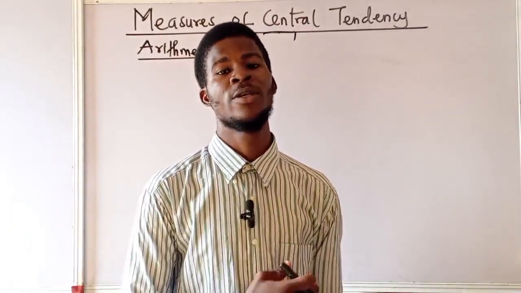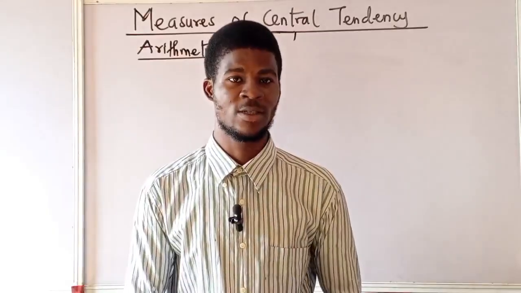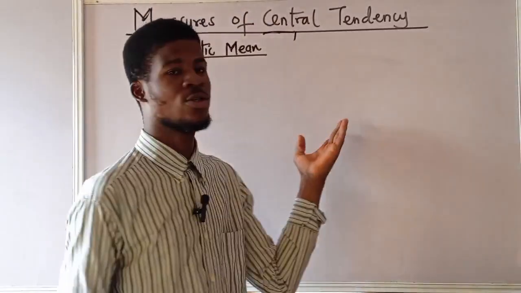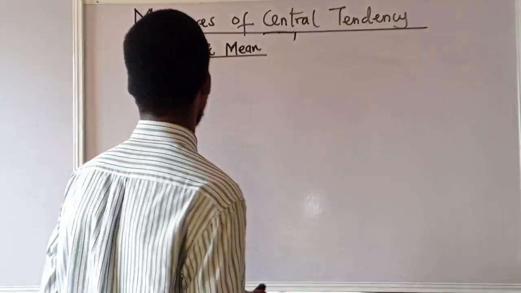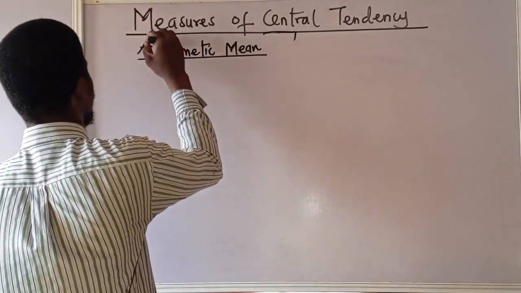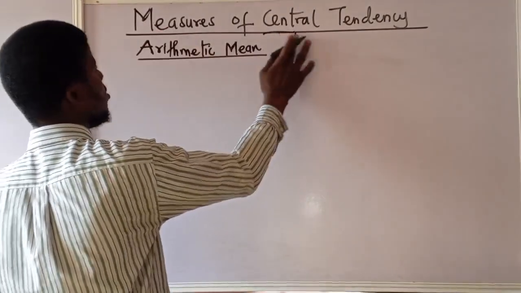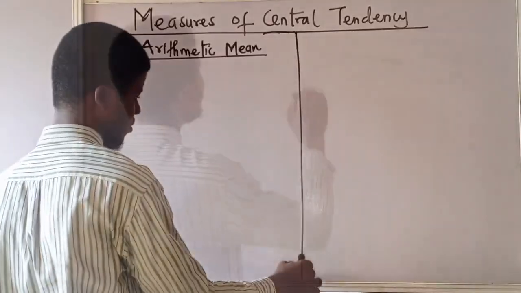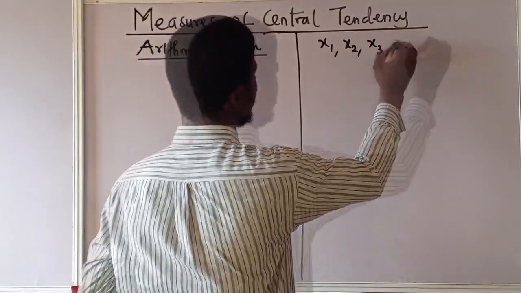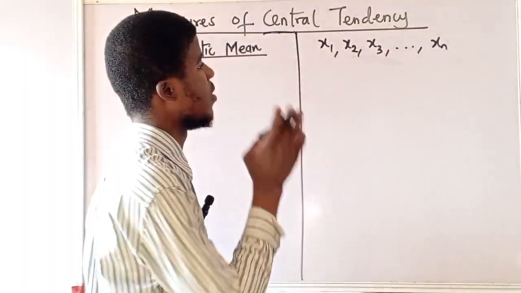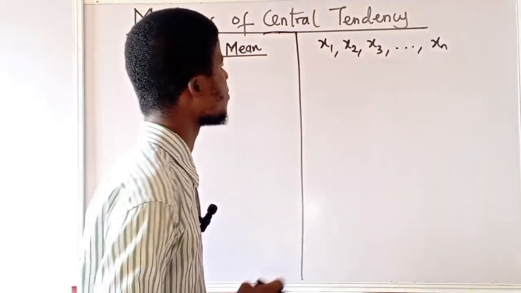In this video, we're going to be talking about statistics, and we shall begin with measures of central tendency. So the first measure of central tendency we're going to talk about is the arithmetic mean. If I have a set of numbers x1, x2, x3 till xn, that means there are n numbers in this set.